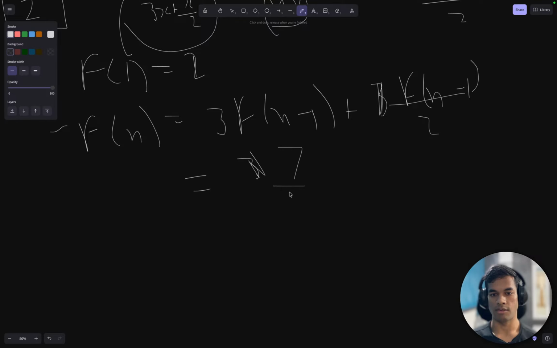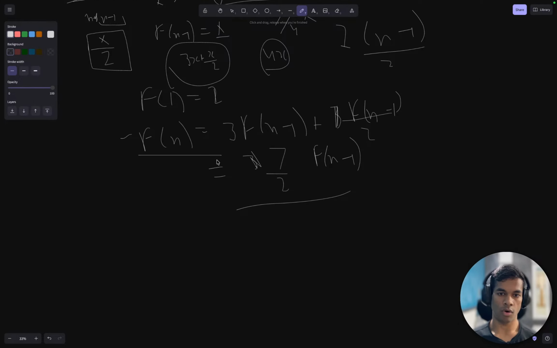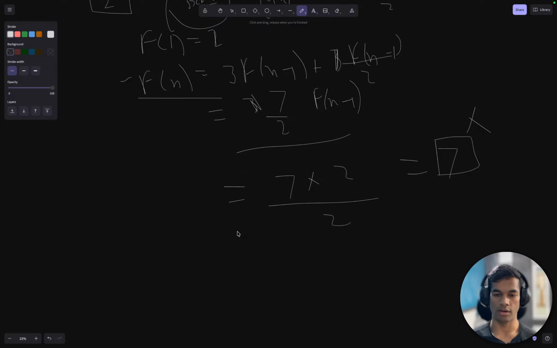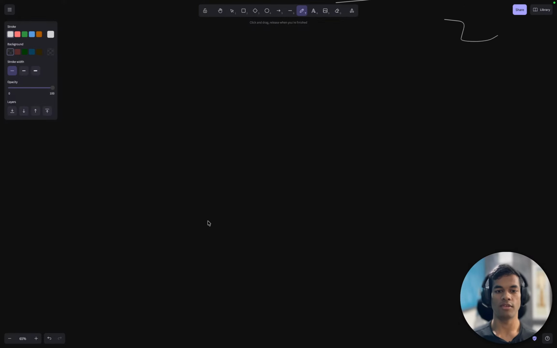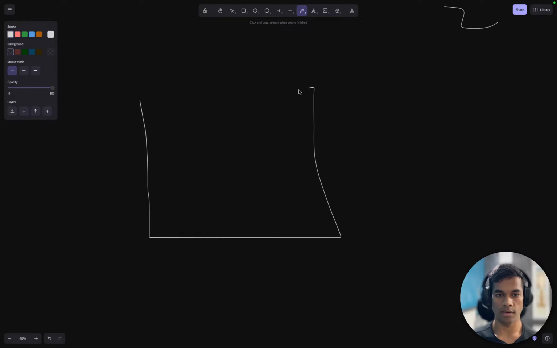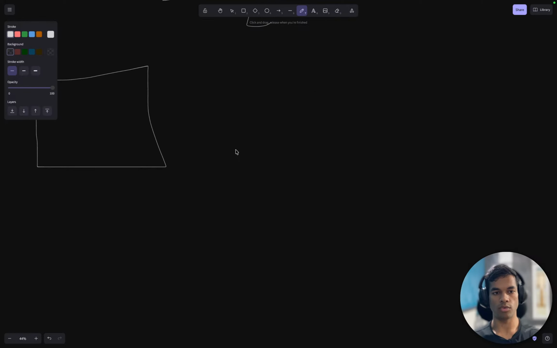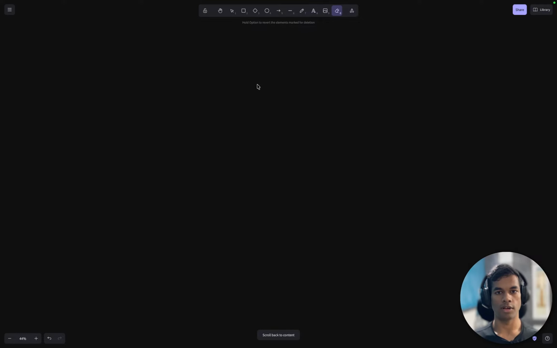Cut it, 7 by 2 into fn minus 1. And for 2, 7 into 2 by 2, which is 7, and that's not correct. That is wrong. Okay, let's do this Donald Knuth style. When we just have a 2 by 2 grid, let's cut this and be very professional.